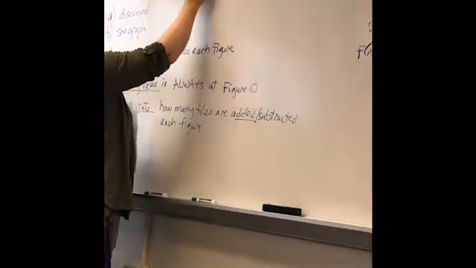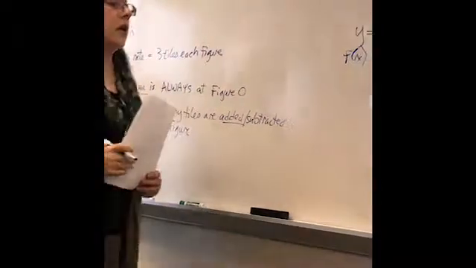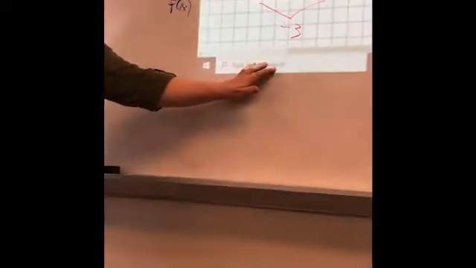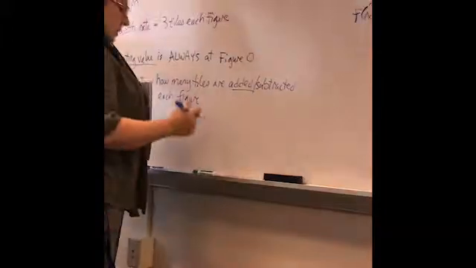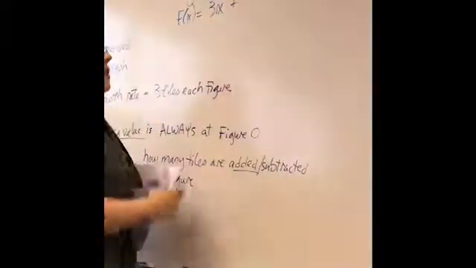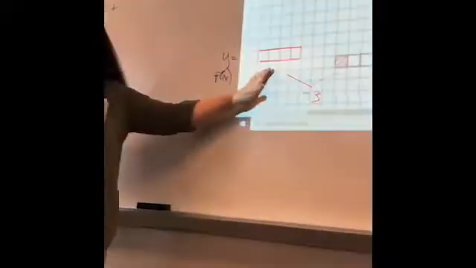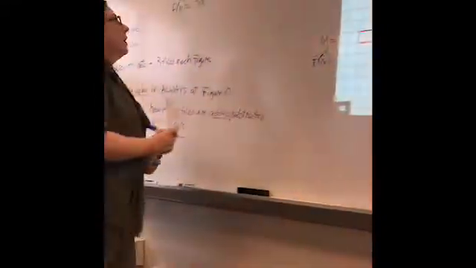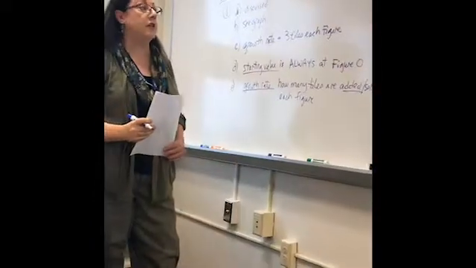So f of x equals, what is our growth rate right here? 3, good. So we have 3x plus, and our starting value again is? 4, good. Now we have an equation. Well, we better test that out and make sure it's correct.